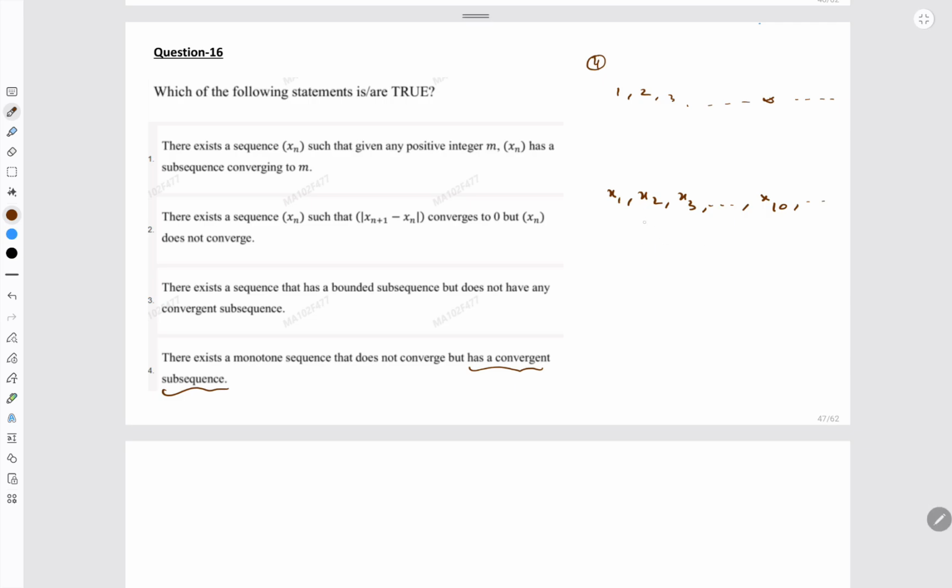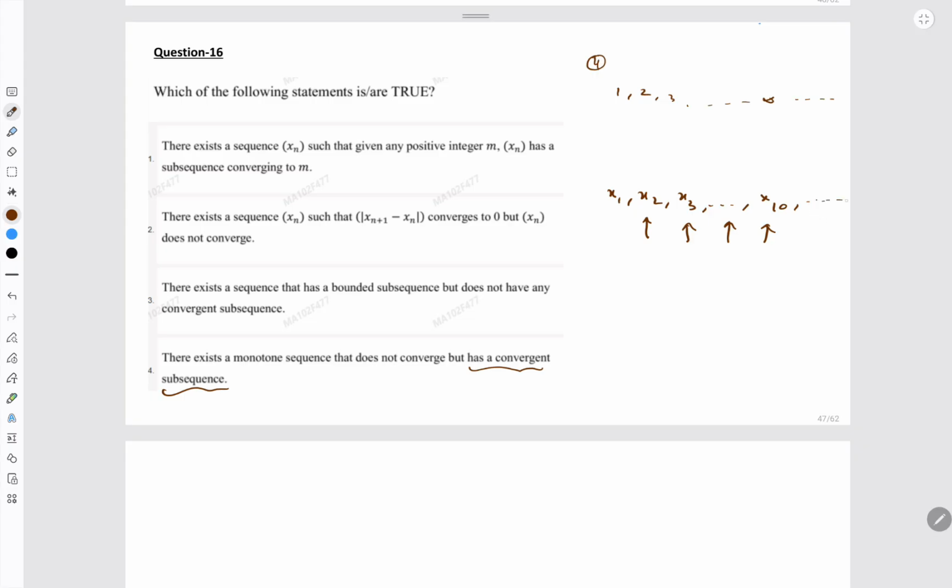So I am picking the element at the second index. I have to pick the next element from an index greater than 2. So I can pick, let's say 3, next I can pick 7, I can pick 10, and so on. You have to pick till infinity. That is the meaning of subsequence.